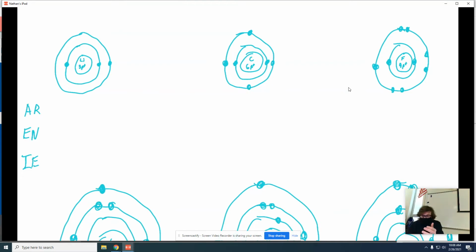The only difference between them is the number of protons in the nucleus and the number of electrons in these shells. So let's look at just one electron in each example. So if I'm focused on this electron for the lithium, and then we'll choose kind of the same one in each other element. In the lithium atom, there are 3 protons pulling this electron in.